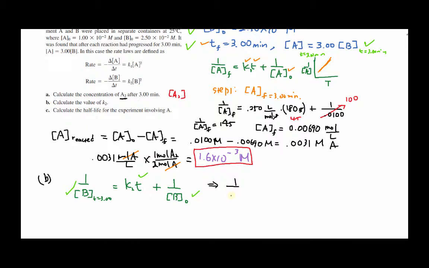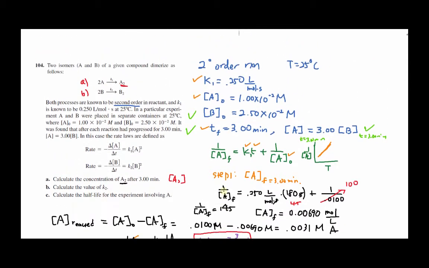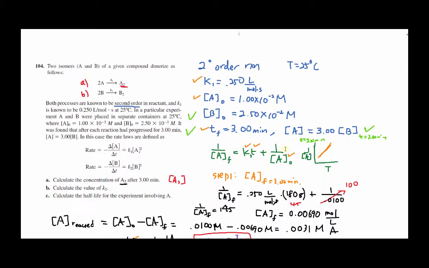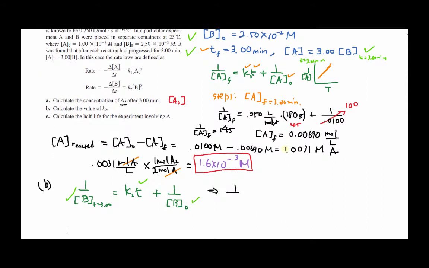1 over, okay, remember it was 3 times. So you have to divide to find the concentration of B. So let me write here. So you get that. This is the 3-minute concentration, and we got 0.00690 from part A here.